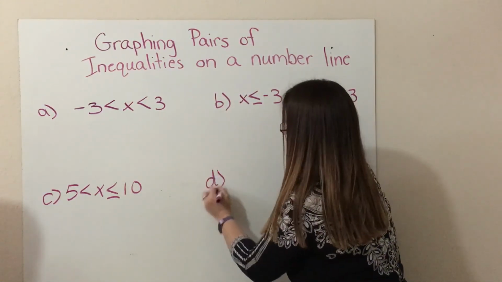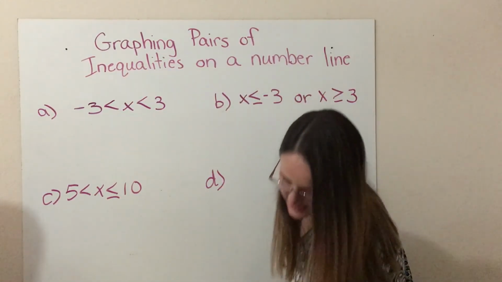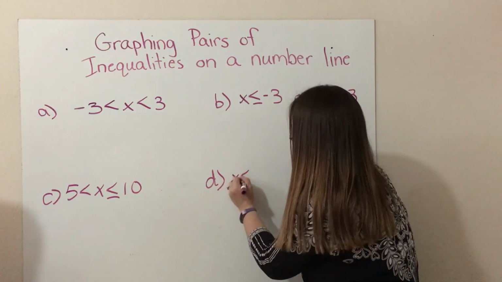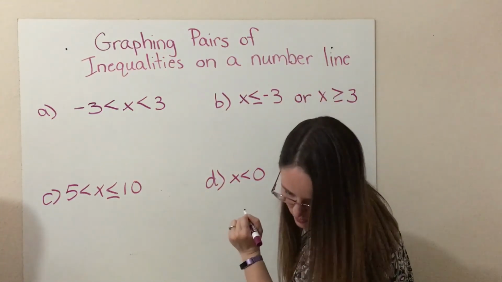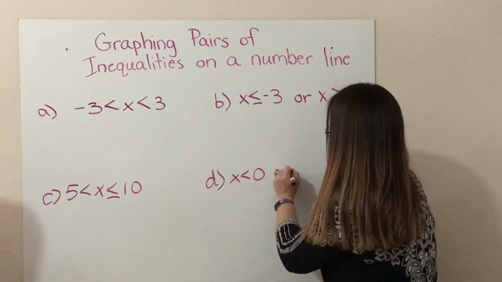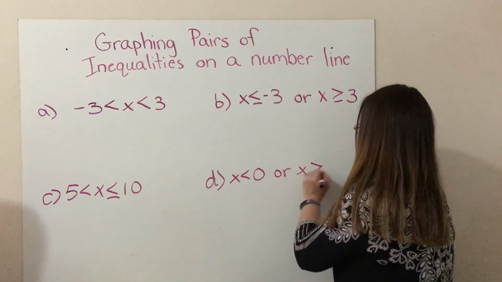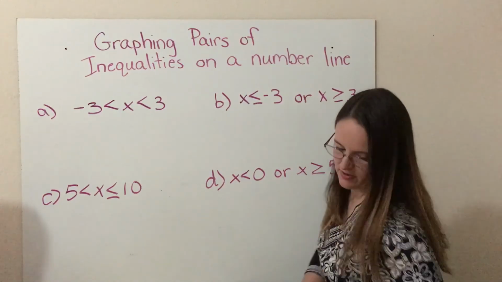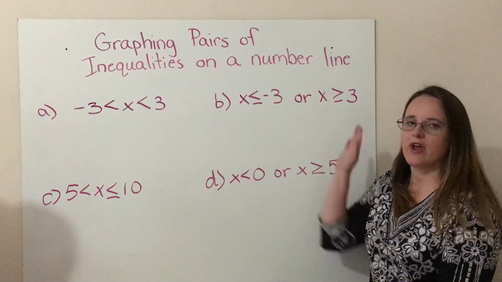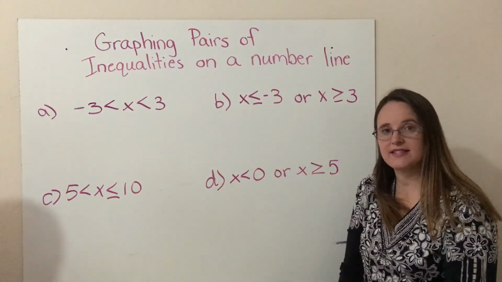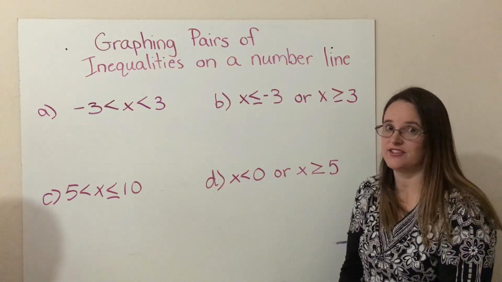And problem D. X is less than 0, or x is greater than or equal to 5. Okay? Try those problems on your own, pause the video, and we're going to go over the answers next.